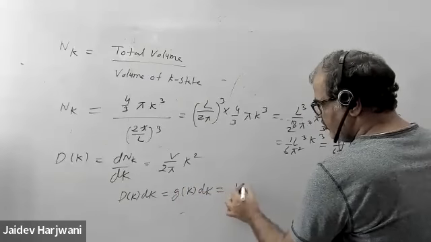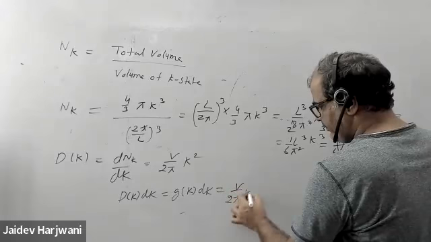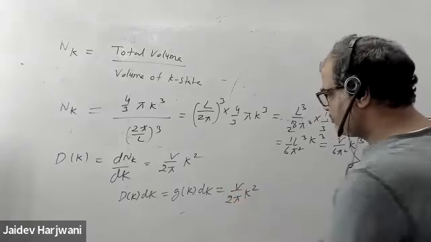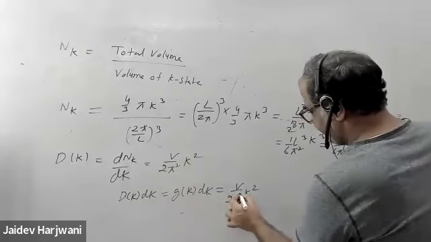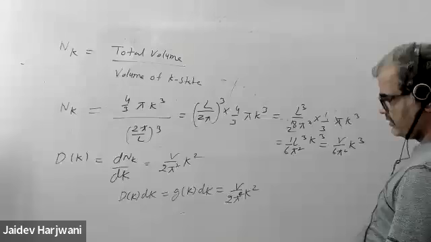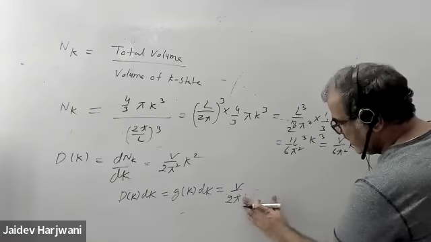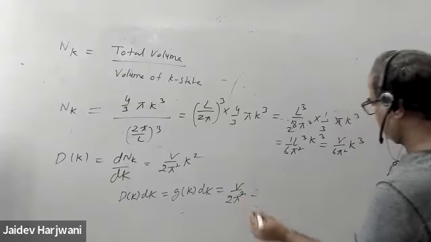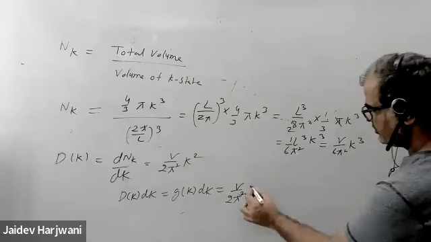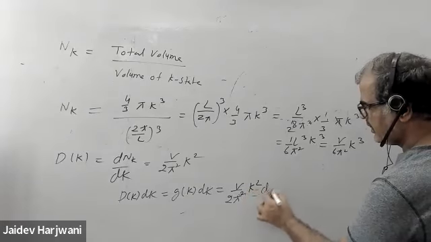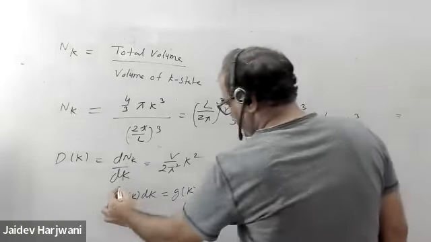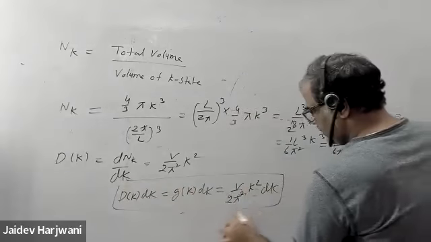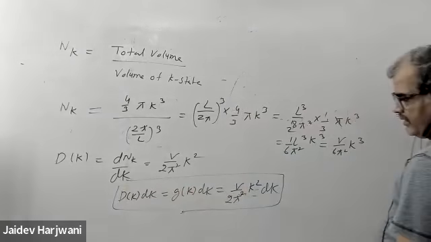Sir, in the dk there should be the π² in division, na? π² is there. Okay, so you have 2π², k² dk. So this is your density of states for k states in 3D.